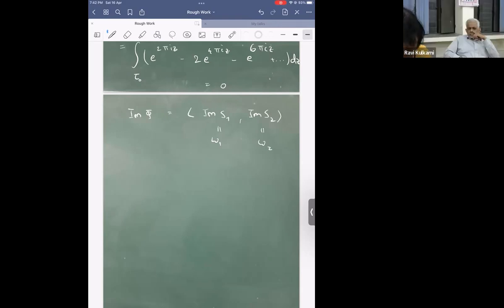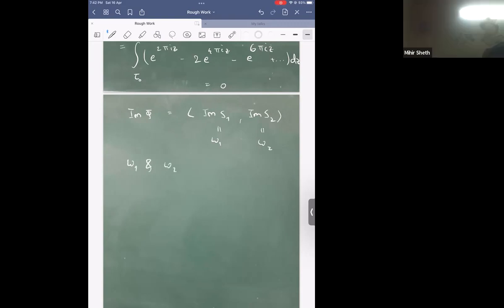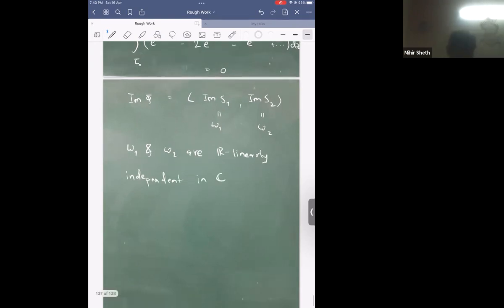Let me write it. Omega 1 and omega 2 are linearly independent. I don't know why this is true, but they are independent in C, and therefore the image of phi is a lattice.